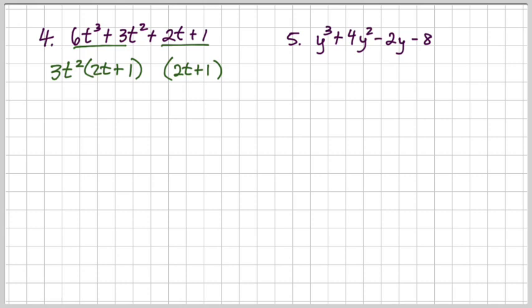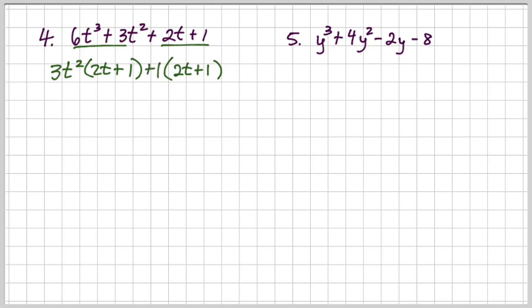Well, it just happens to be 2t plus 1. Sometimes students or people get stuck with what to do here. But all we're going to need to do is multiply by 1. So it'll be a plus 1. So let's go ahead and do that.